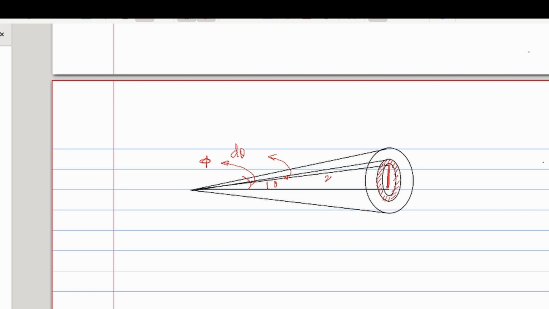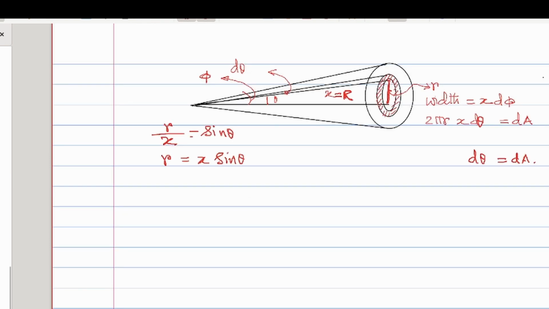Oh, sorry. So that should be x d phi. This width should be what? X time d phi. Okay. And what should be the area? 2 pi r, where r is this distance. Now the problem is 2 pi.